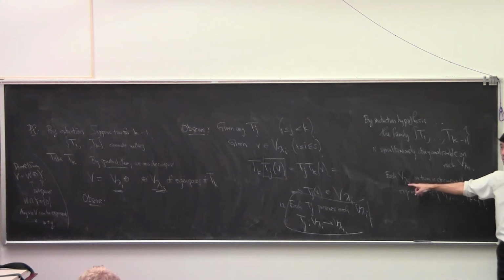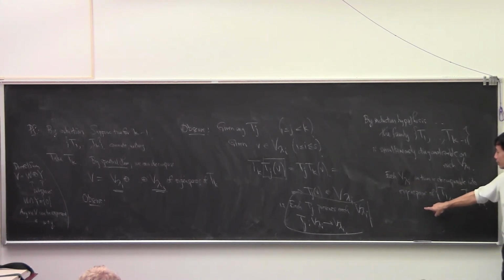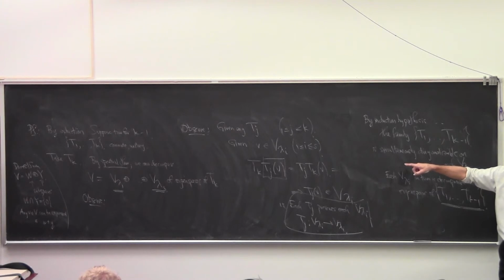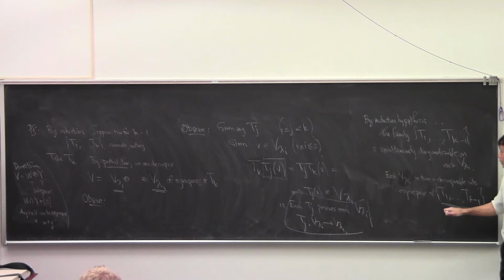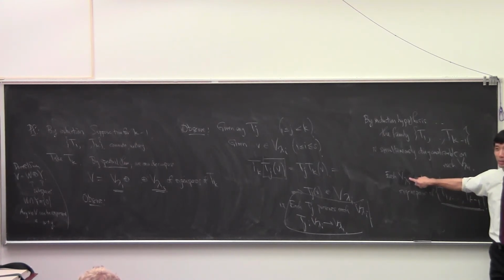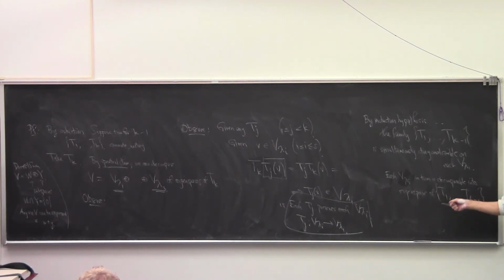So each of those guys breaks down further into eigenspaces of the first k minus 1 guys. Okay. So what does that give you? That gives you that V is expressible as all these little bits, right? Where each little bit is an eigenspace of all these guys, but each of those bits lies inside of an eigenspace of the last guy, right? So each of those little bits is an eigenspace of the full family.